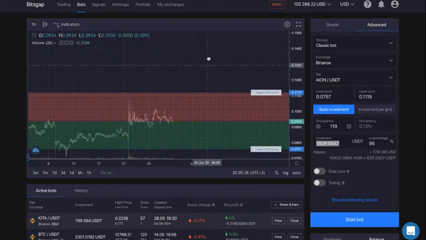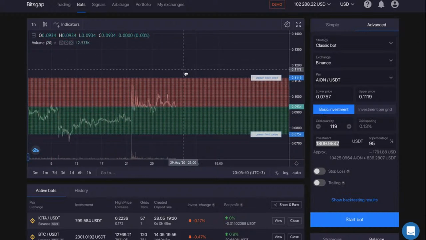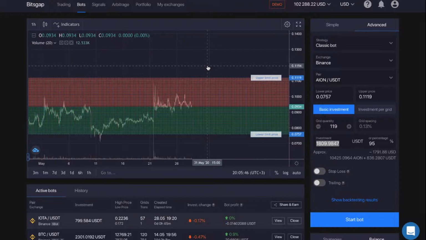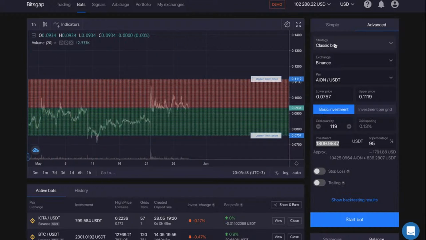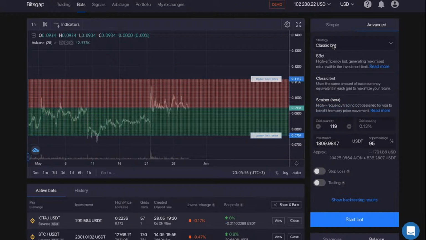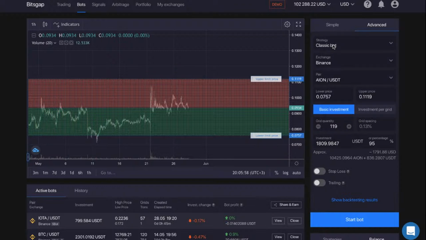But at the same time, let's say if the price goes downwards, in this case you would have higher losses. So that's something you have to keep in mind when using the classic bot. I mean, it has all of the security tools that we implemented with the S-bot.